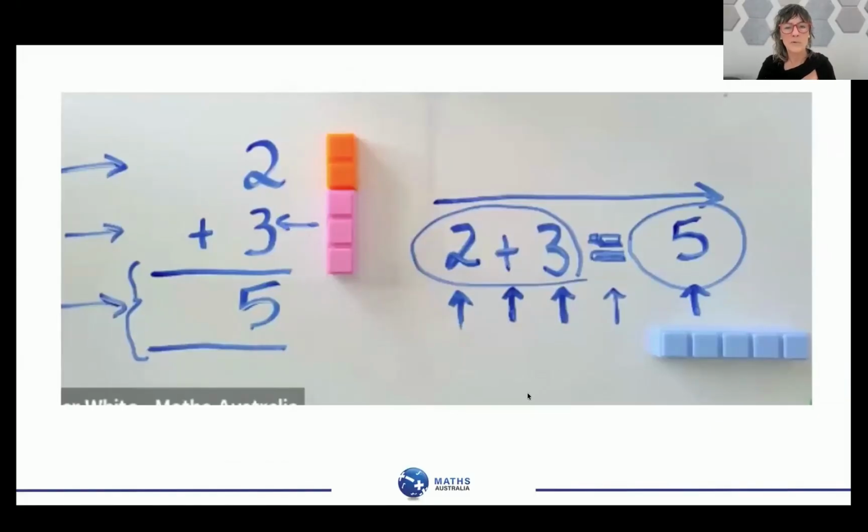Before I hand over to Steph, I just wanted to show you this piece. Here you can see these symbols, whether I write it vertically or horizontally, I'm teaching a way to decode. So when you think back to DOG, DOG was not the dog. 2 plus 3 equals 5, whether I write it vertically or horizontally, is not the addition question.